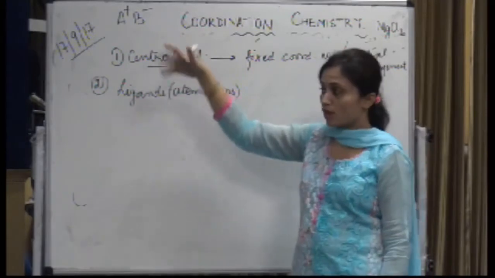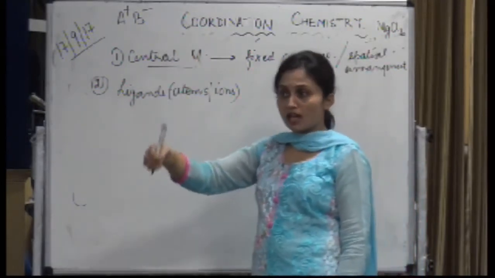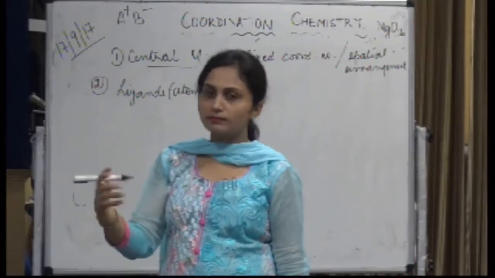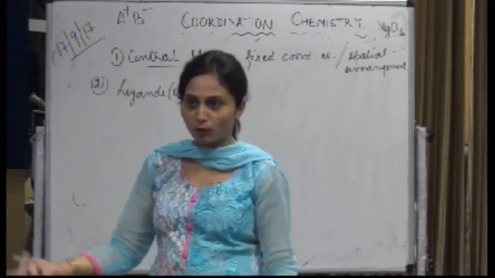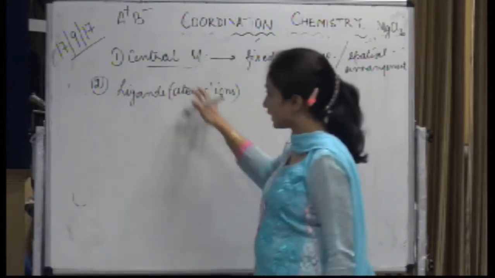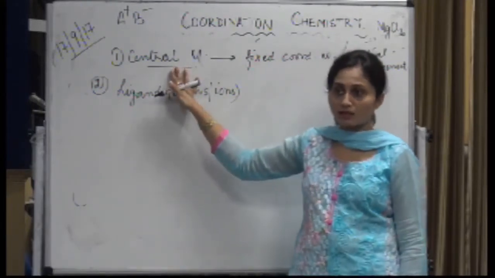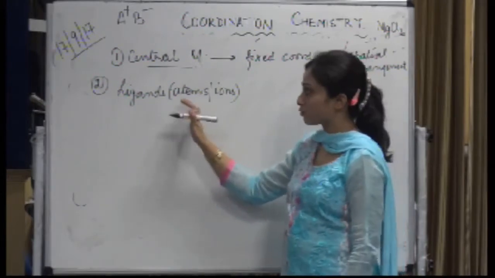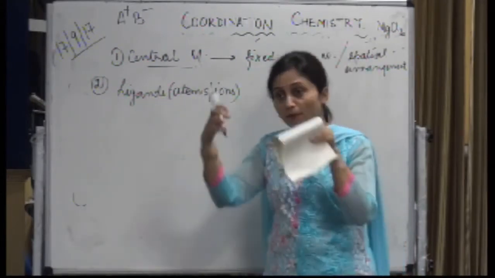Central metal atom तो आपको समझ में आ गया. It can be nickel, it can be iron, it can be cobalt, platinum, many more. So you have understood what the properties of the central metal atom are. It's basically the center of your coordination compounds. Ligands are the ones which are bound to it.